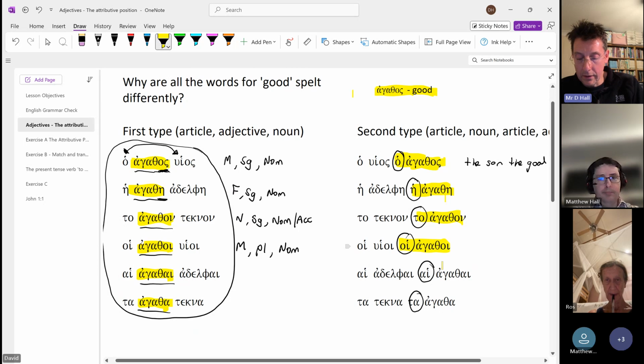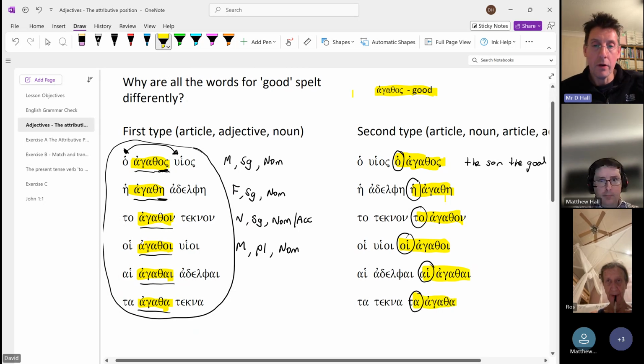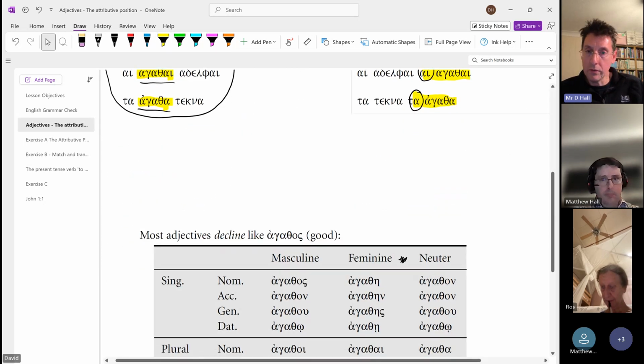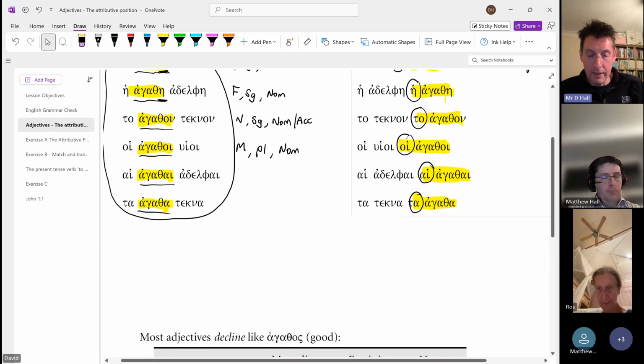They're all the same word for good, but they're describing a different noun, so they have a different ending. So you've got two different things to look out for, and at the moment they're all just in the nominative case. The same thing applies for all other cases, which we'll come on to perhaps in a little bit.